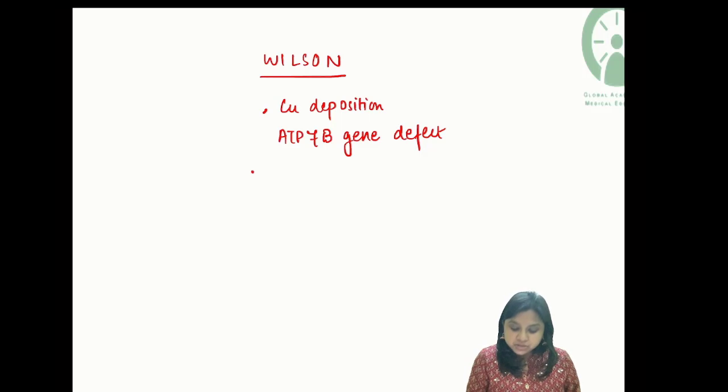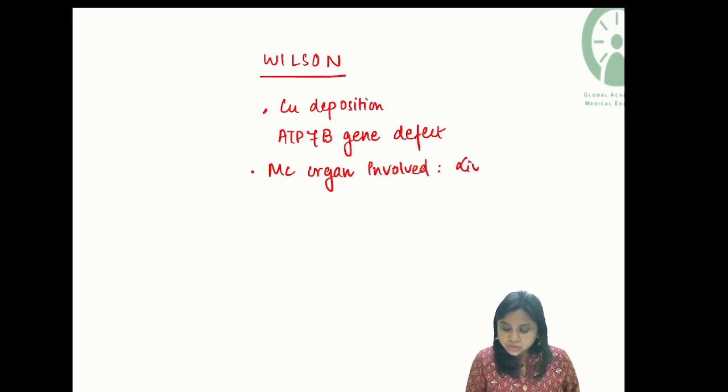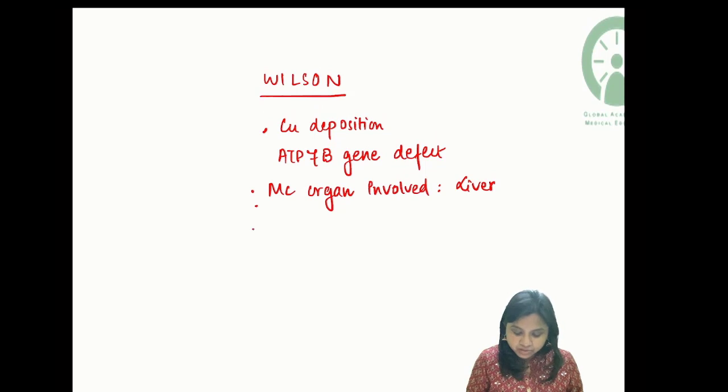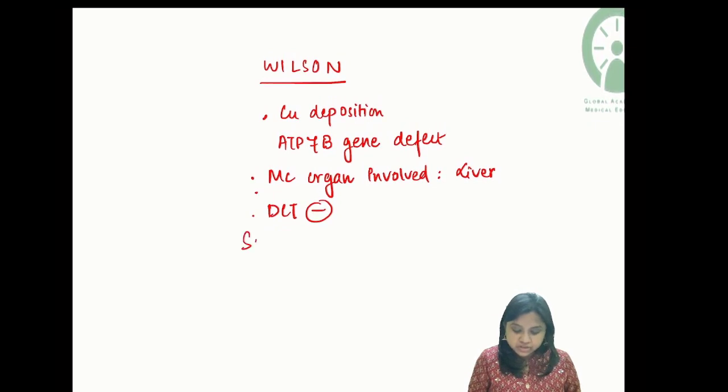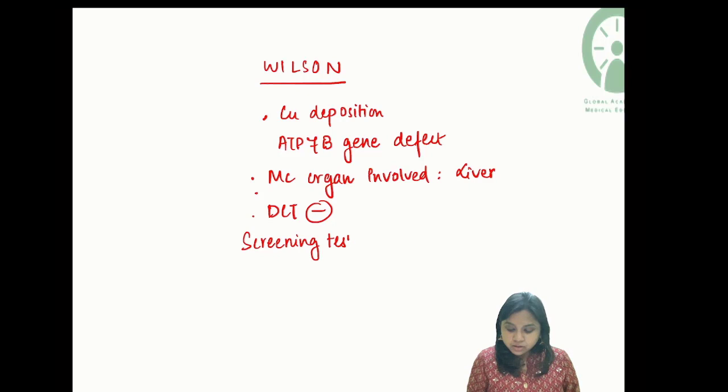And the most common organ involved is the liver. And remember this, that you get a Coombs negative hemolytic anemia in case of Wilson's disease. So the direct Coombs test is negative in case of Wilson's disease. And what is the most common screening investigation you do in case of Wilson's disease? Remember, it's the serum ceruloplasmin level.